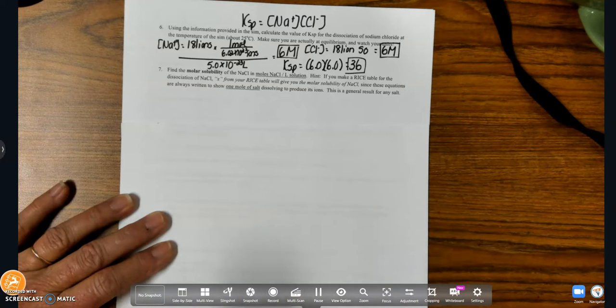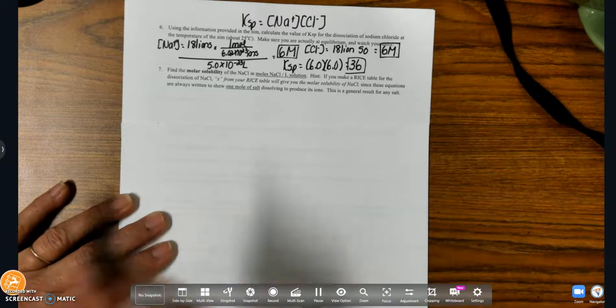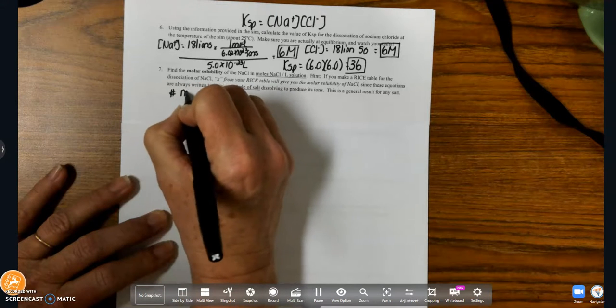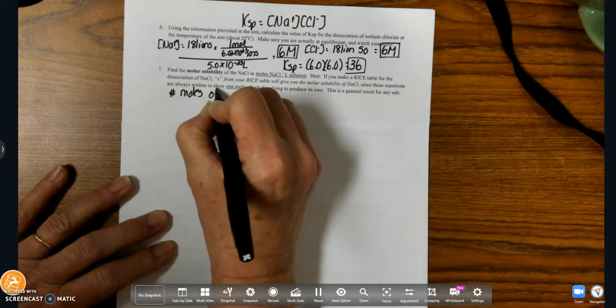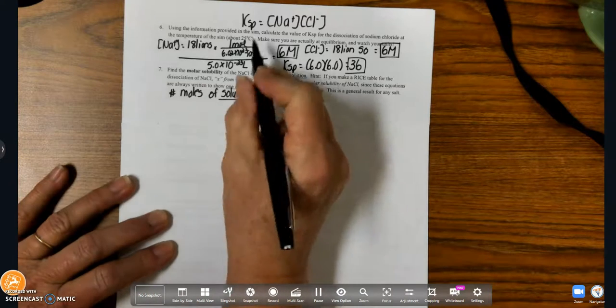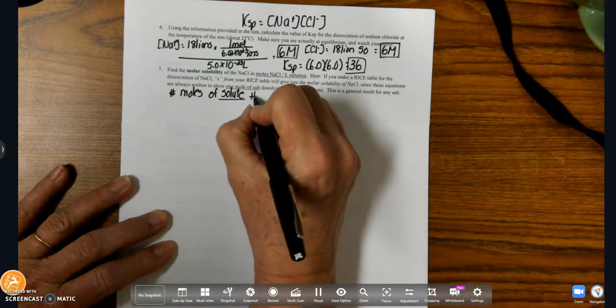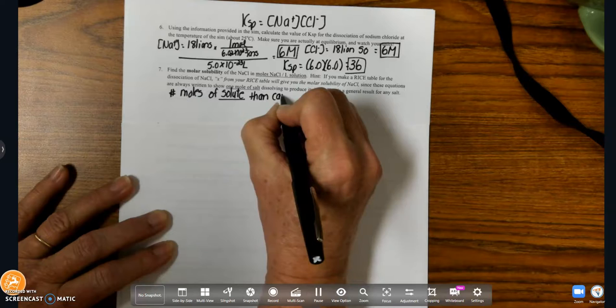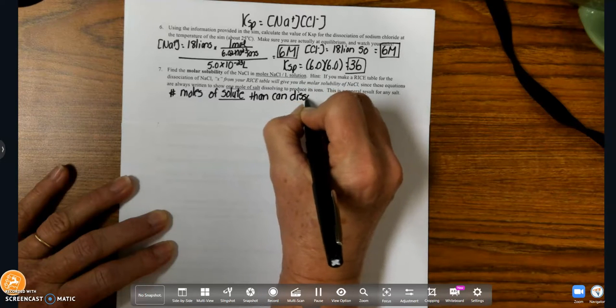That's all it is. It is defined as the number of moles of solute, that is your solid, that can dissolve.